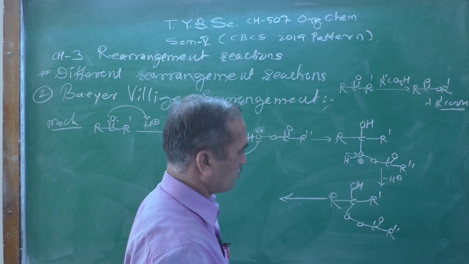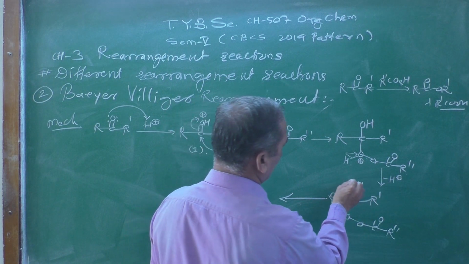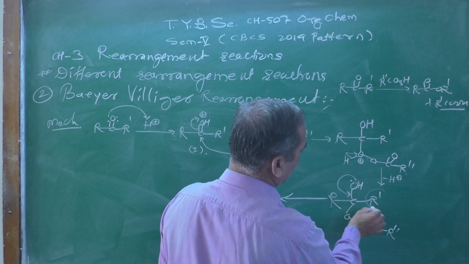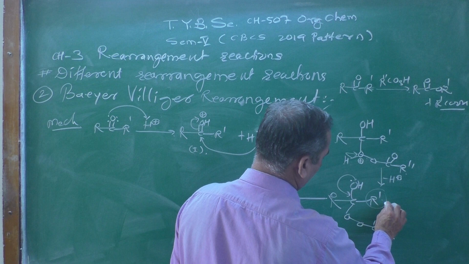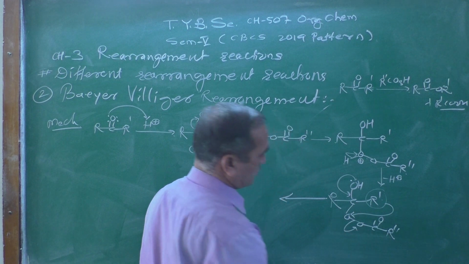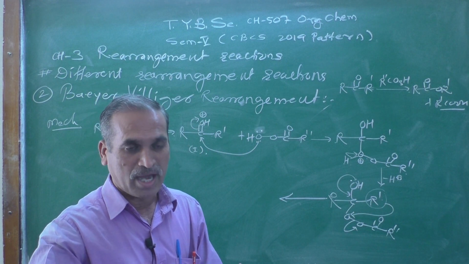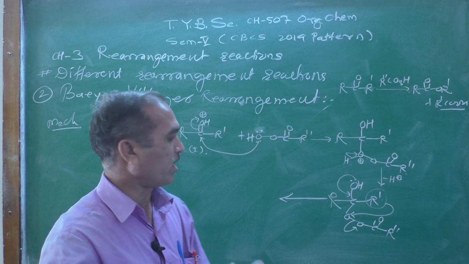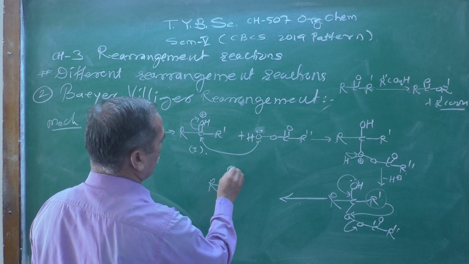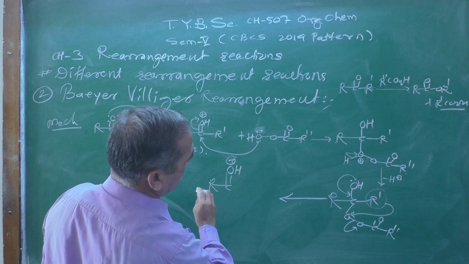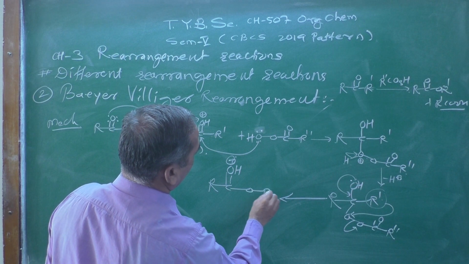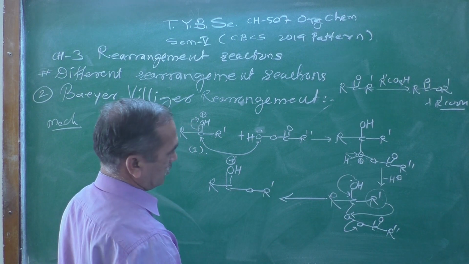Now what is going to happen next? Here the lone pair present on that oxygen atom forms a double bond, and simultaneously the R alkyl group is shifted from here to here, and there is breaking of the bond with this oxygen atom, which is a very labile bond that cleaves very easily. We will be getting here R C double bond O plus, and then O R dash over here.